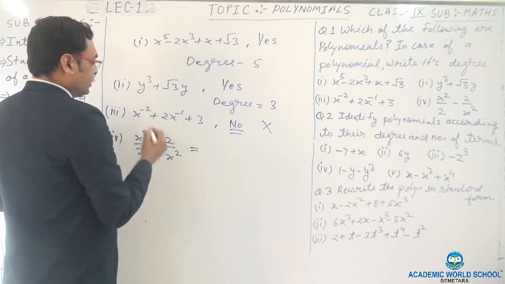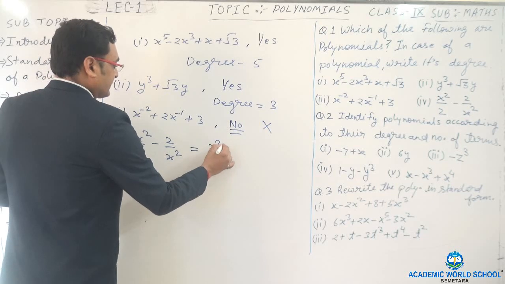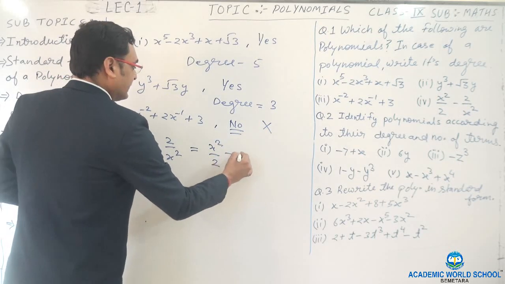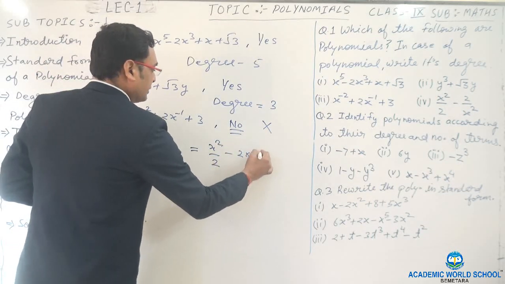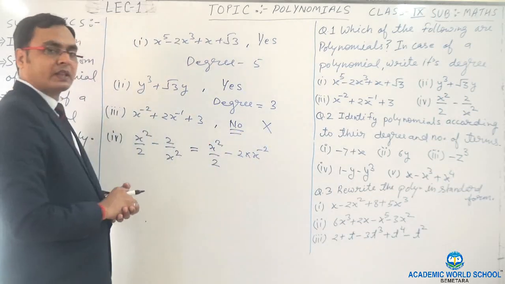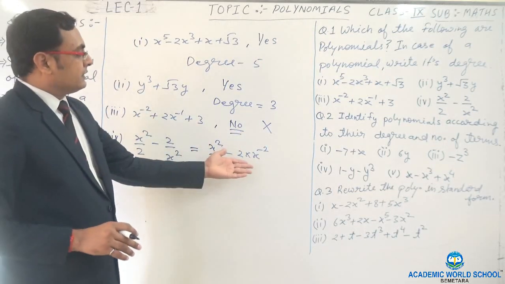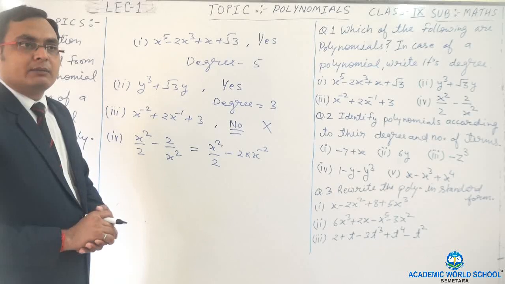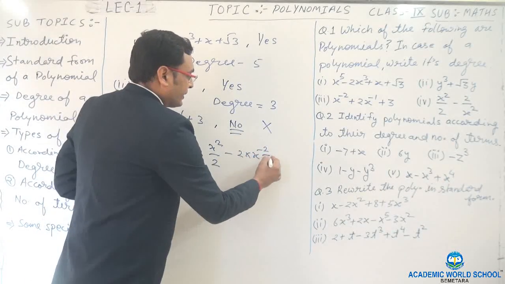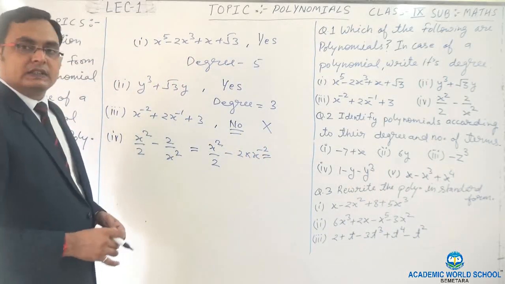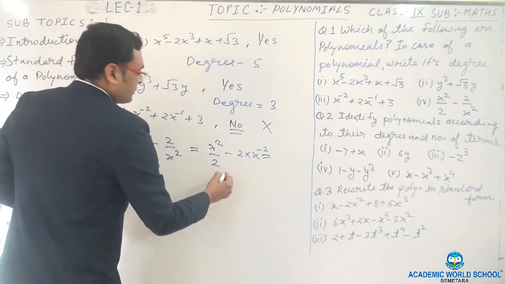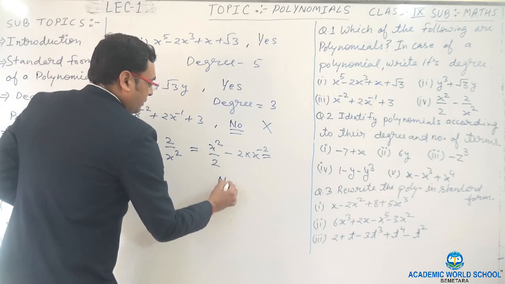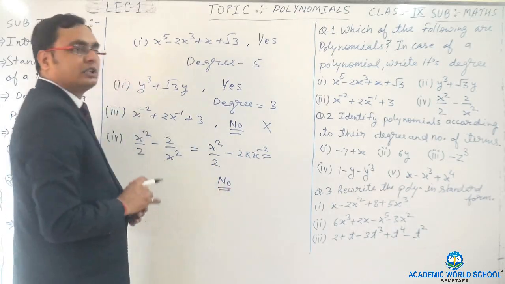If we bring it to the numerator, it will be like this: x square upon 2 minus 2 into x to the power minus 2. Again, the exponent of a variable cannot be negative. So this is also not a polynomial.